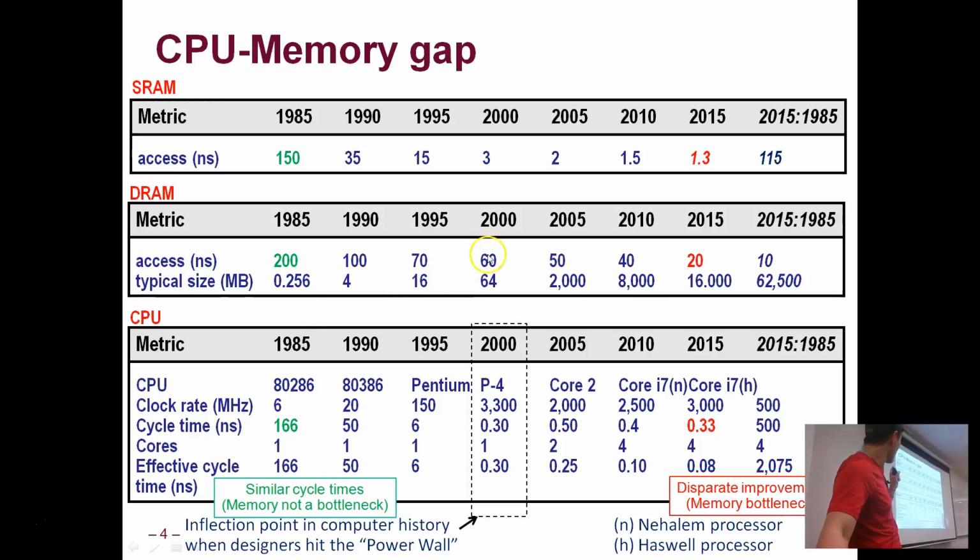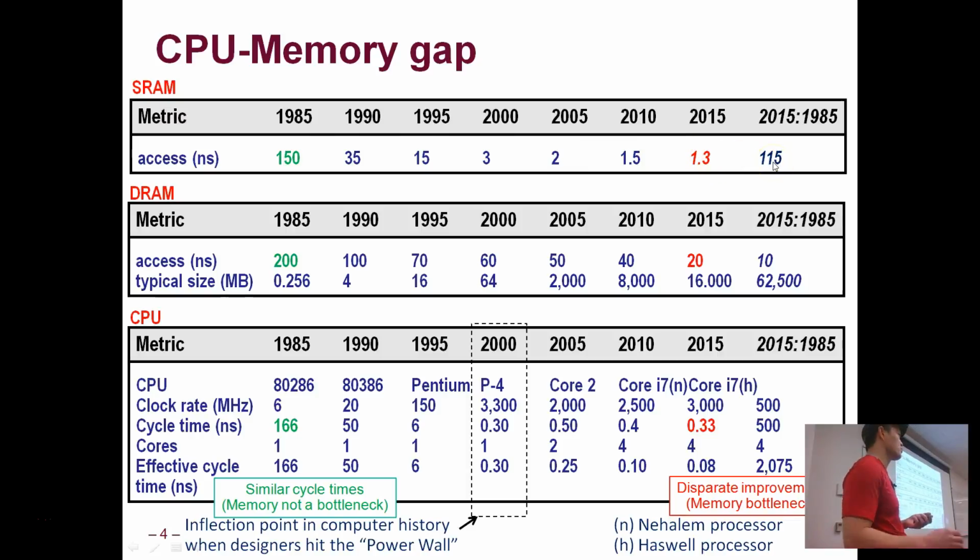Okay, so one of the things that you'll see is that the access time of static memory and dynamic memory, this is the number of nanoseconds that it takes to read something from these memories. They've declined significantly, with static memory going from 150 to about 1.3 nanoseconds.